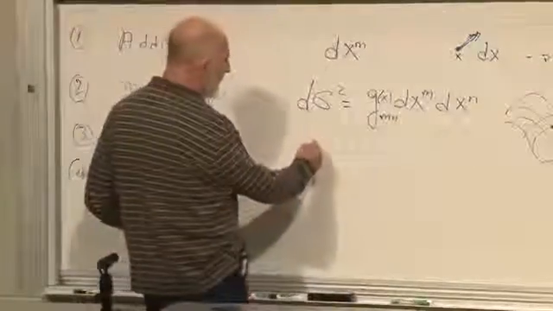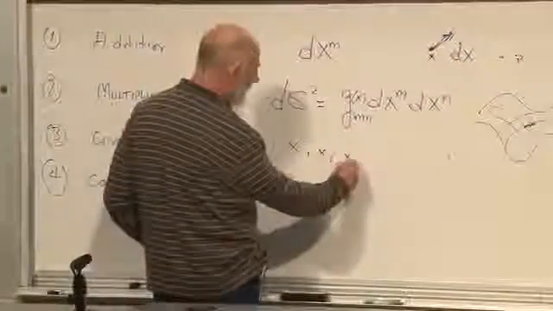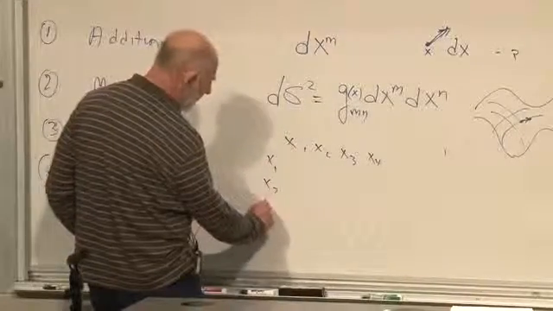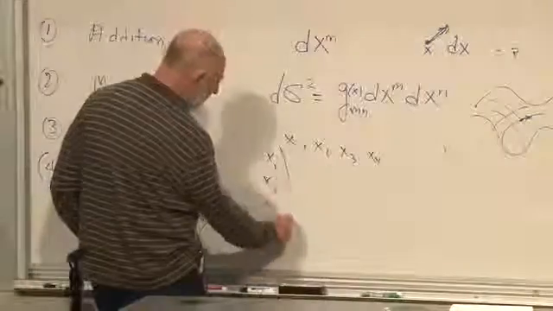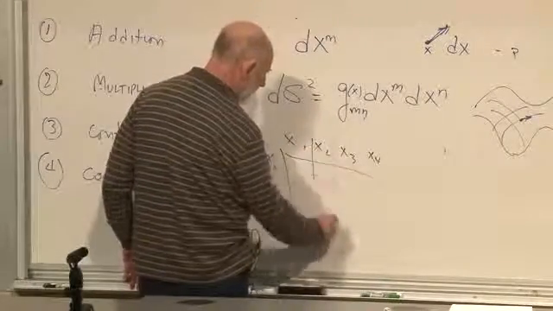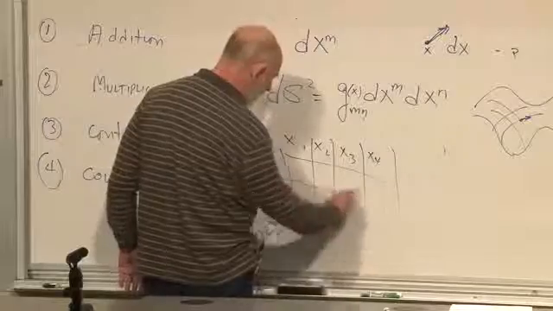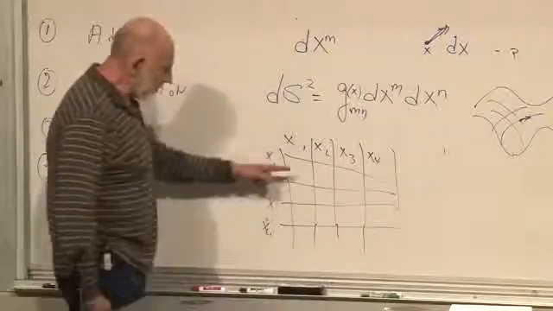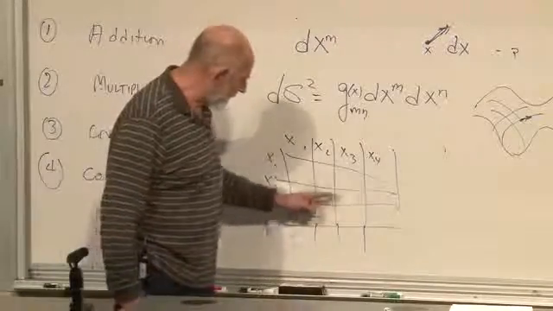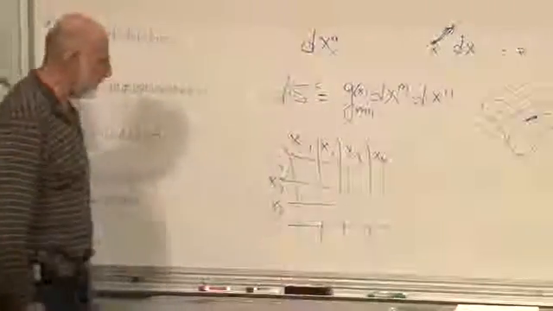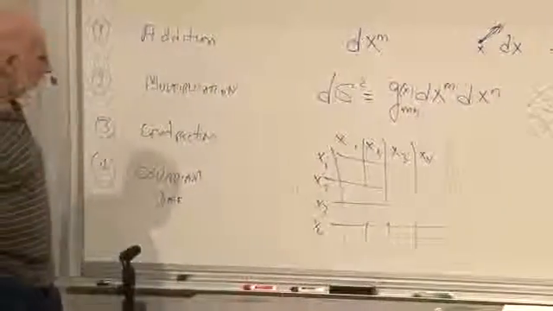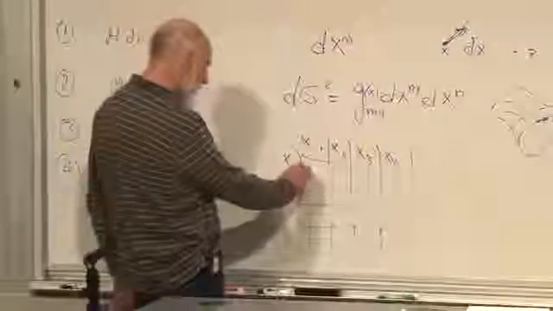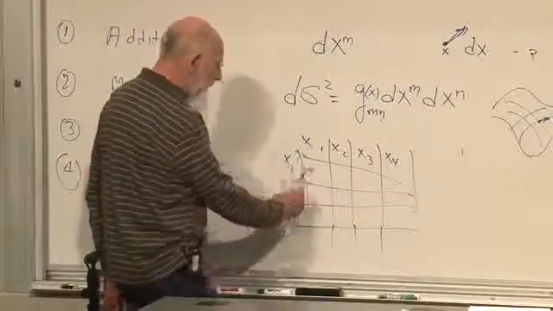Well, here's what you count. x1, x2, x3, x4, x1, x2, x3, x4. You know, make a sort of matrix. Sixteen entries. 1, 2, 3, 4, 5, 6, 7, 8, 9, 10, 11, 12, 13, 14, 15, 16. Okay. Here's the 1,1 element, 1,2 element, and so forth.